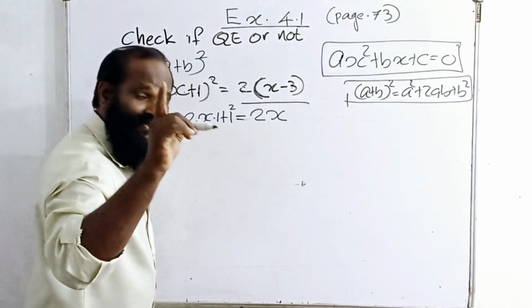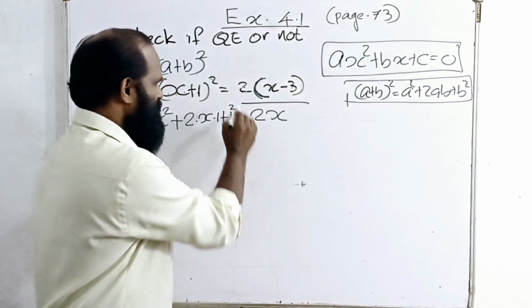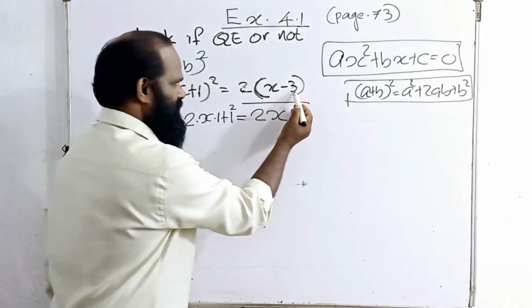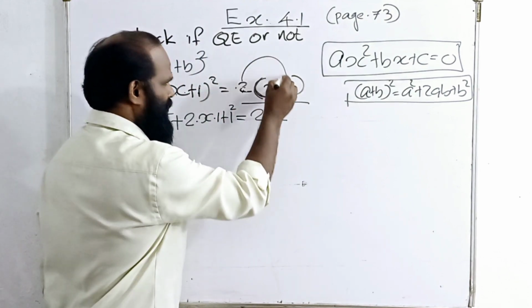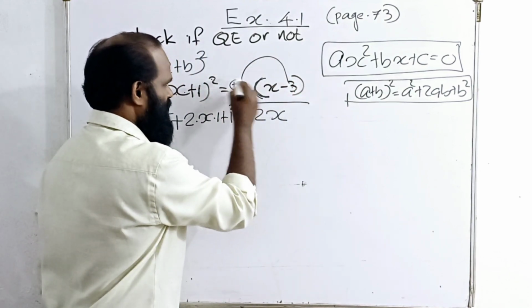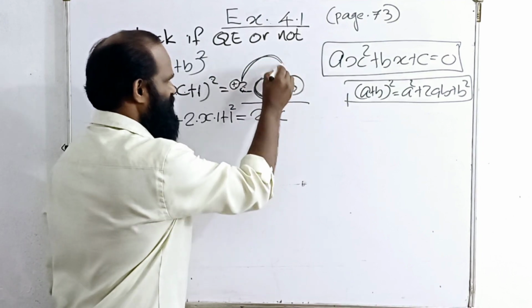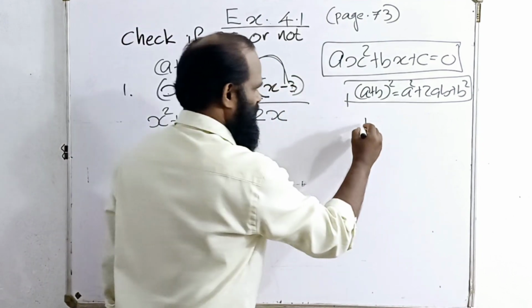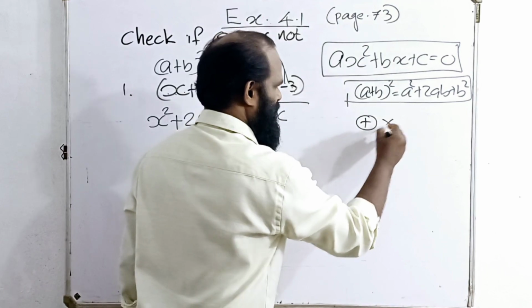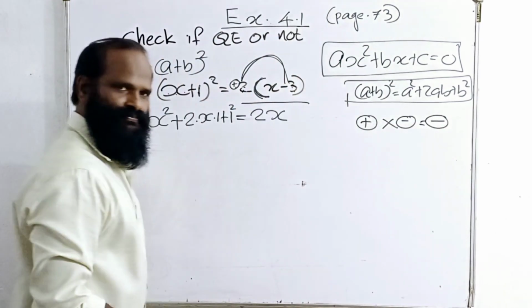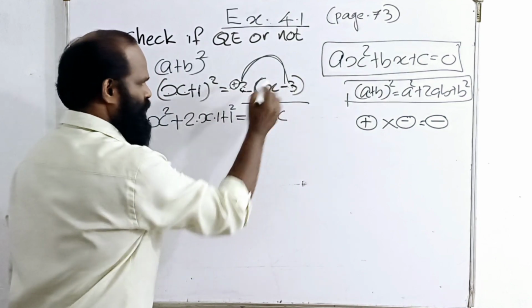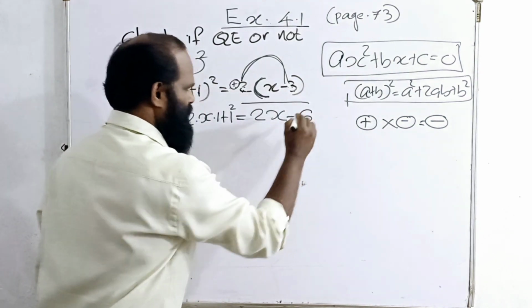Forget not to take its sign. The sign of 2 is positive. Consider this as negative 3. So positive into negative. We know that when a positive number is multiplied with a negative number, the answer should always be negative. So positive 2 into negative 3 is negative 6.